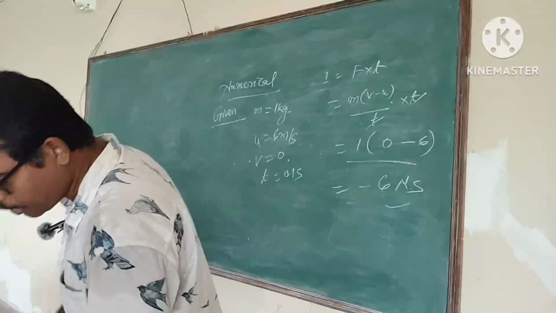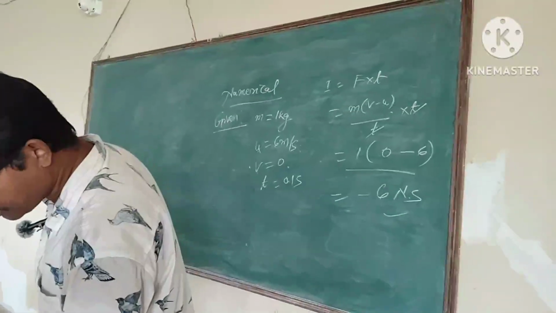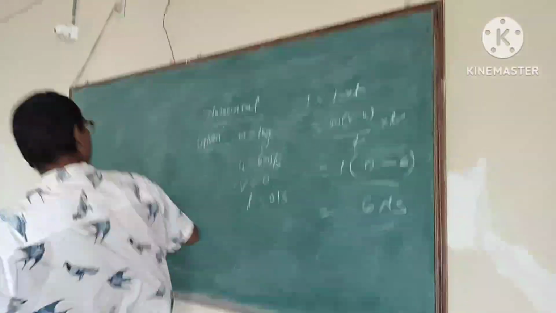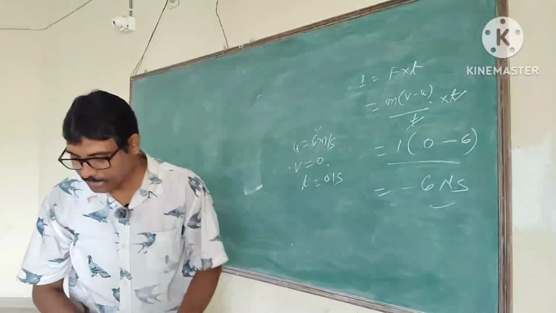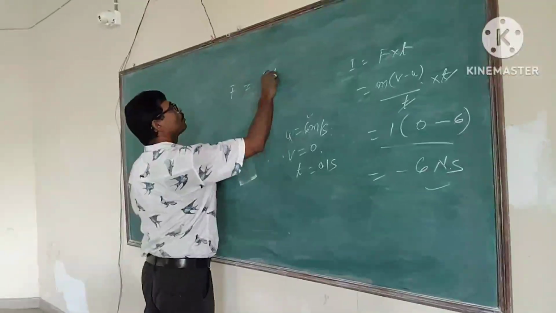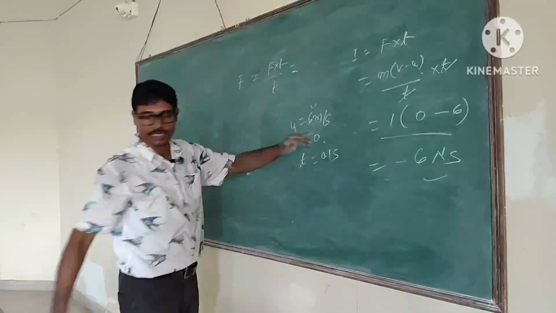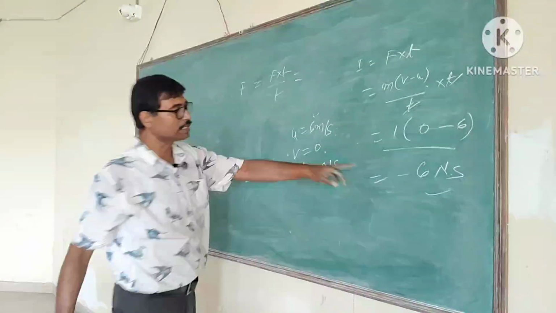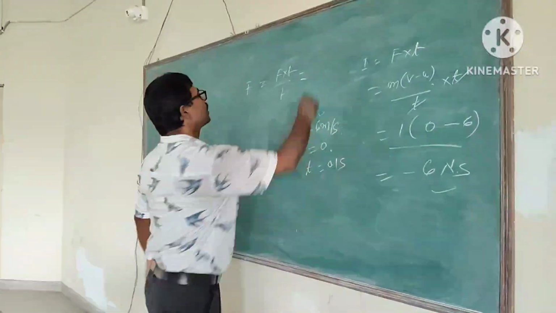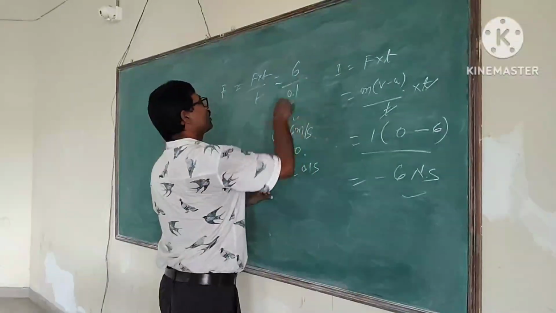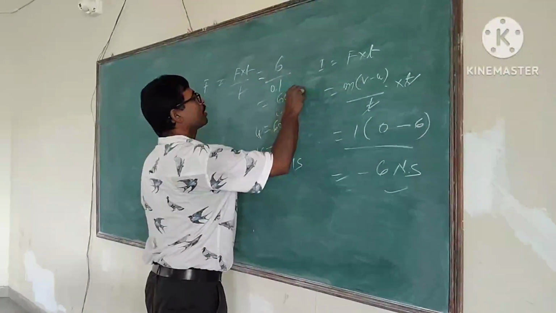Then the retarding force that stops the hammer is dp by dt, that means F into t by t, so you are getting the same thing. That is 6 by 0.1, so that means 60 Newton.